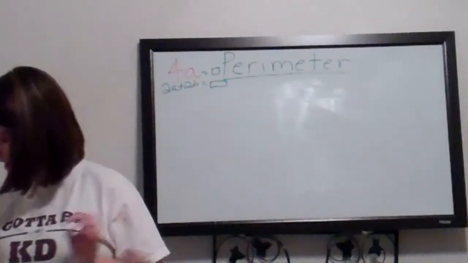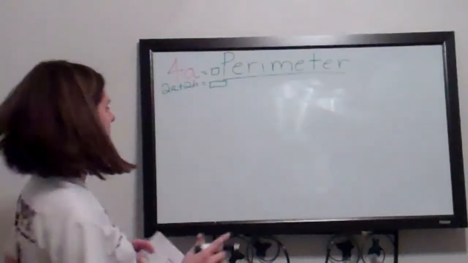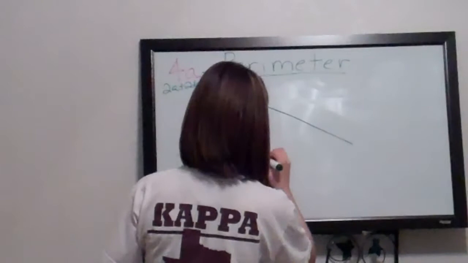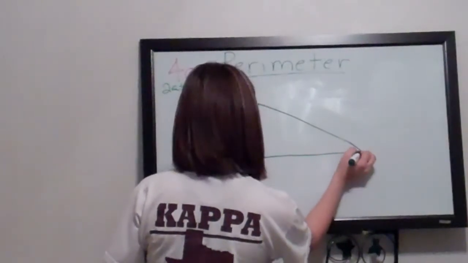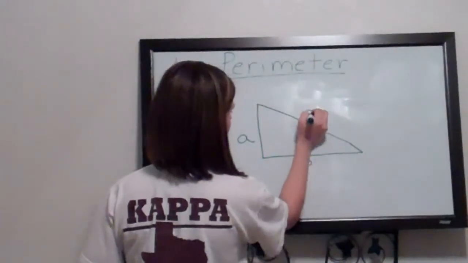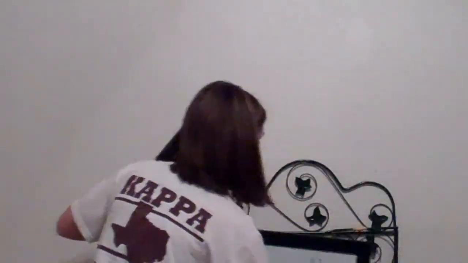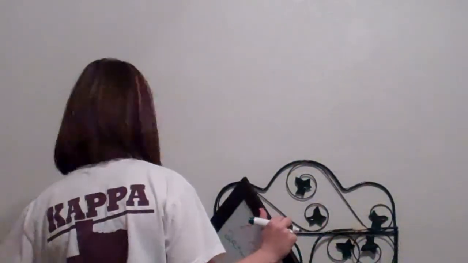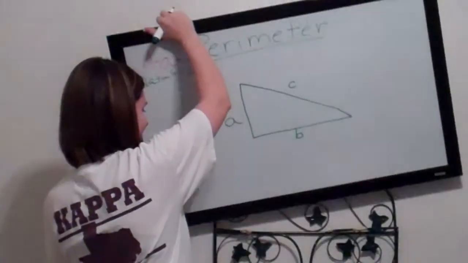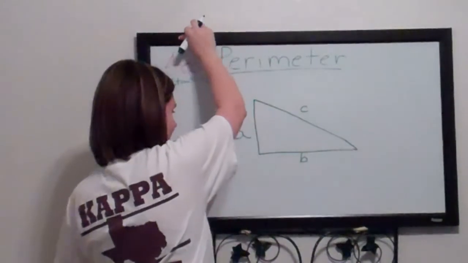So next let's do a triangle. Side A, side B, and side C. Ooh. All right.